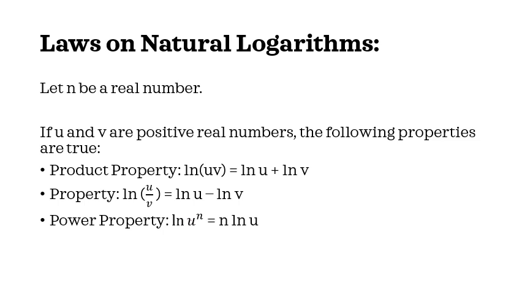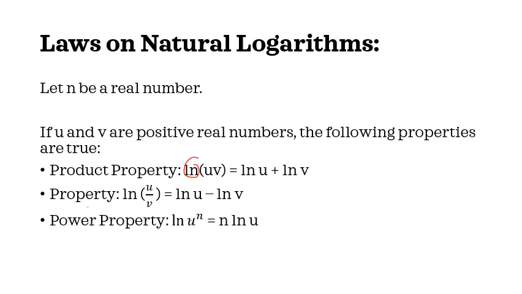The difference is you will use ln instead of log. So we have the product property. If we have ln of uv, same thing with your log, you will add one term and another term. So that's ln u plus ln v.